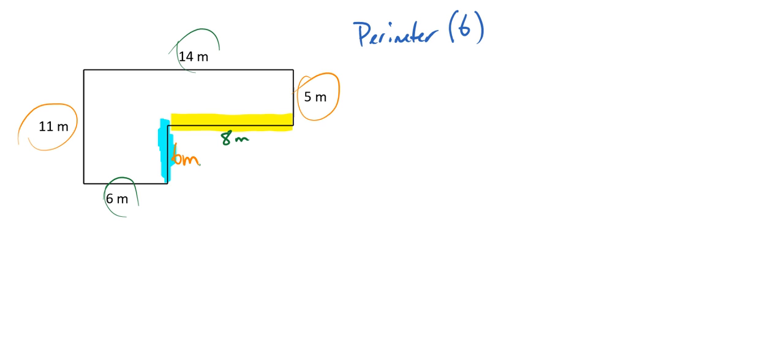And now I have 6 things. So I start at one side, 11 plus 14, and I go around in order just to make sure I don't count the wrong one twice. 11 plus 14 plus 5 plus 8 plus 6 plus 6, 50.